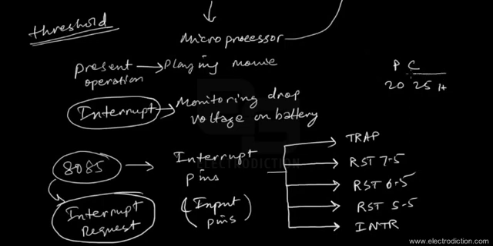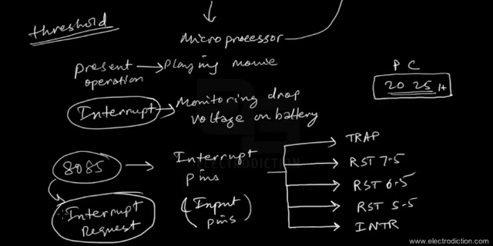The program counter register, being a 16-bit register, was storing this memory location prior to receiving the interrupt request.